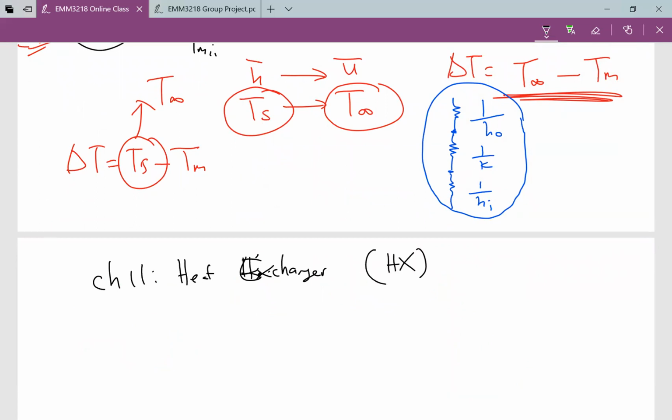A heat exchanger is a device that exchanges heat between two fluids, right? And there are different types of heat exchanger. You can read about it: concentric tube, shell and tube, compact heat exchanger.